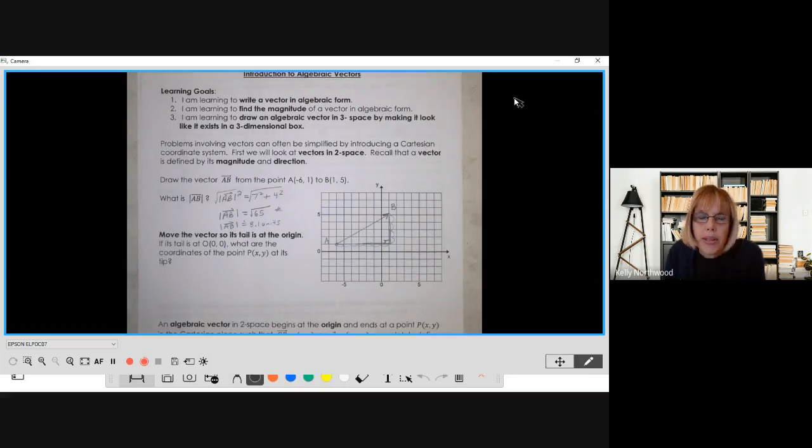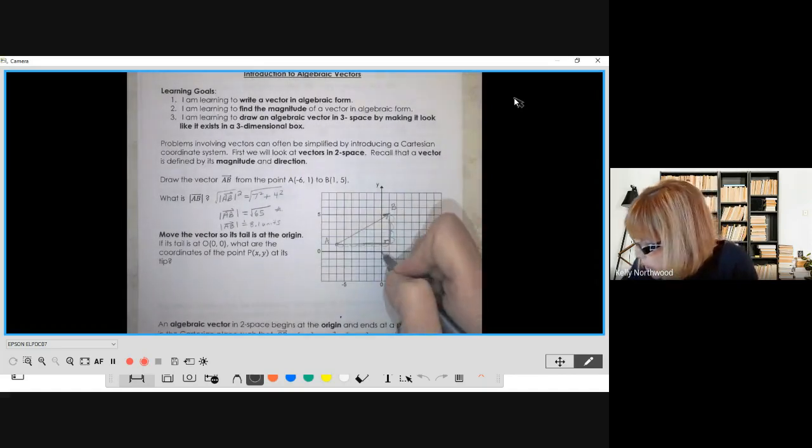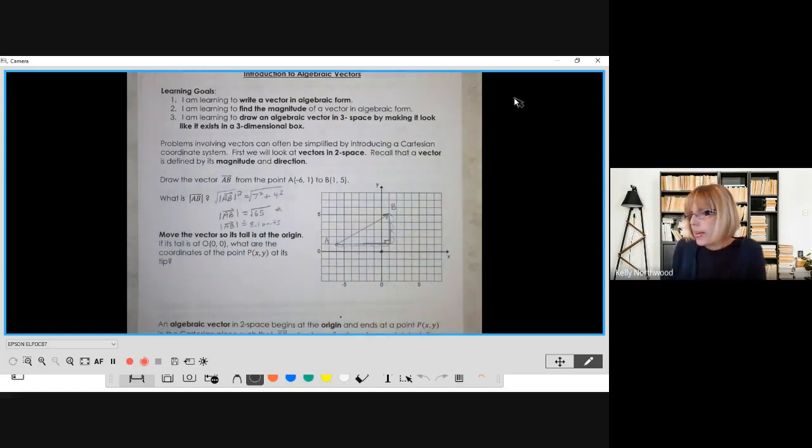Now we're going to make what's called an algebraic vector. Algebraic vectors have their tail always at 0, 0, or if we're in 3-space at 0, 0, 0. So its tail is always at the origin. If we want to reproduce vector AB but starting at the origin, here's our new starting point.